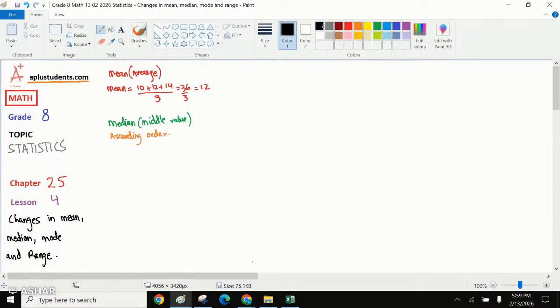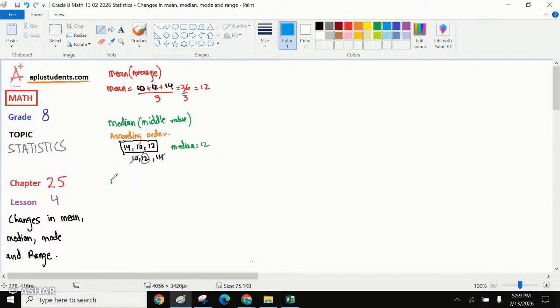If I take the example with the same three numbers, 10, 12, and 14, if the numbers were given as 14, 10, and 12, when we arrange them in ascending order, the numbers would become 10, 12, and 14. We cancel out the numbers. Whatever is left in the middle would be the median. We can say the median comes out to be 12 in this case. Okay, we're done with median.